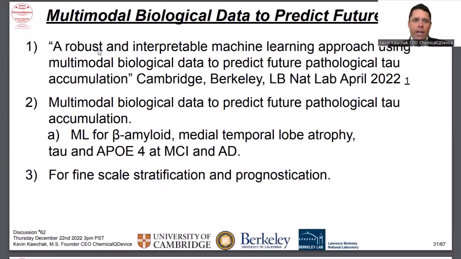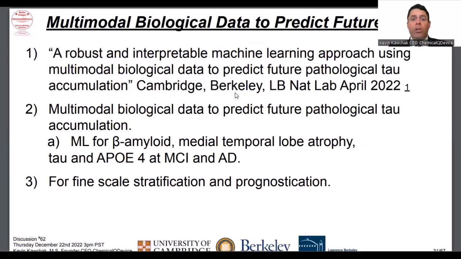So this next one is one to keep an eye on, because this is a Berkeley paper, Cambridge, Lawrence Berkeley National Lab. And this was April 2022. And they seem to have perhaps the best understanding and also the best vocabulary out of these papers as well. And basically what it is, it's multimodal.